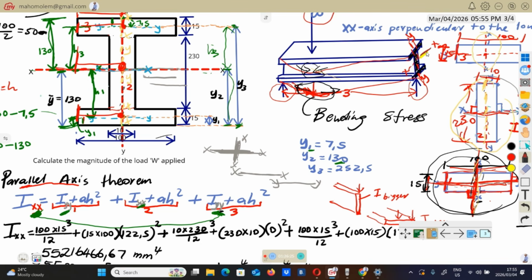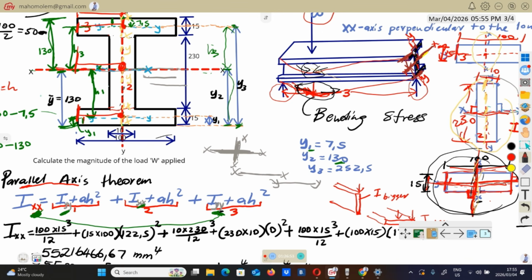Y will be the distance from here, which is our neutral axis, to the point of maximum stress, or to a point where you will be looking for stress. So our points of interest will be this point here and this point here.